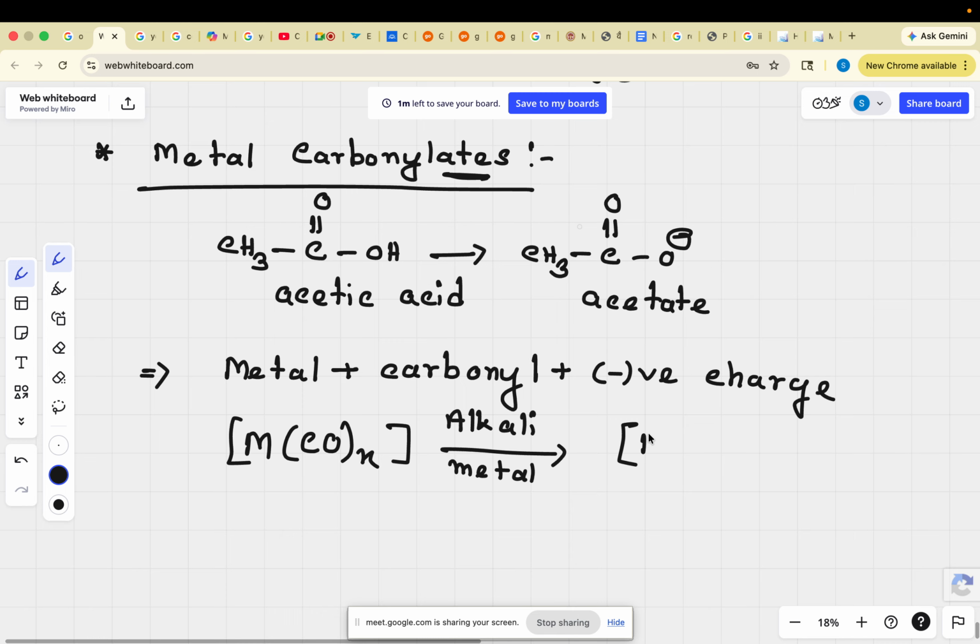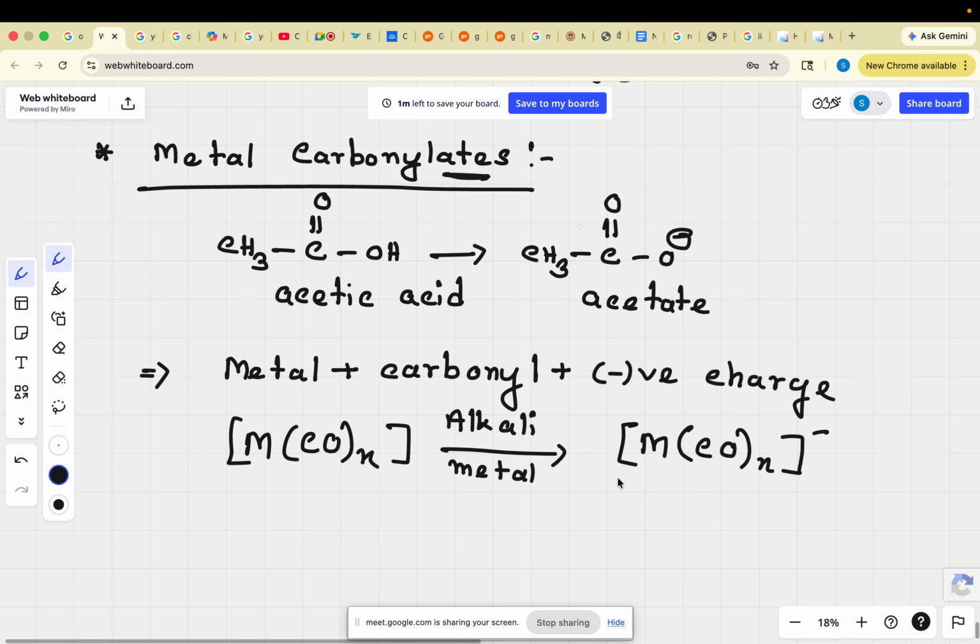If they abstract the electron, you will get M(CO)x minus. So this is your metal carbonylate.